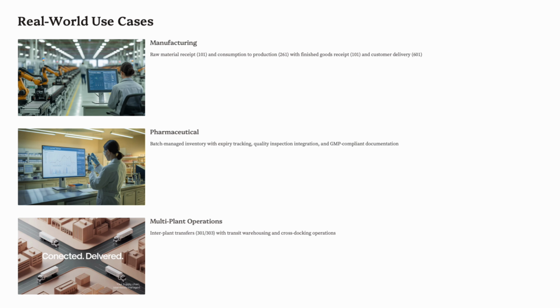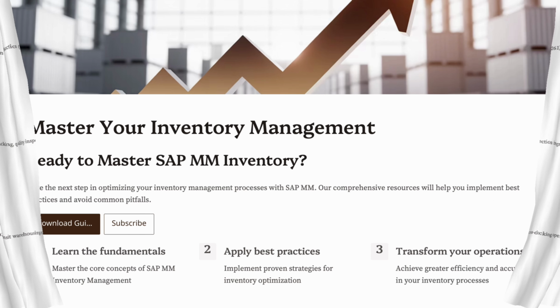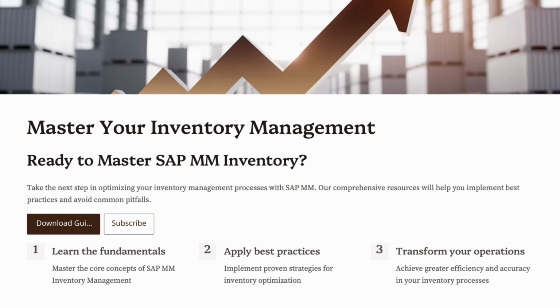Conclusion and call to action. Inventory management in SAP MM is much more than clicking buttons. It's about mapping business processes, enforcing controls, and integrating with finance and warehousing to deliver real-time, reliable material data. Key takeaways: goods receipt, goods issue, and transfer postings are your core tools.